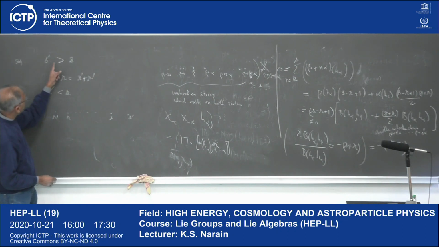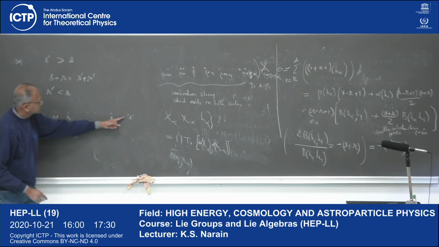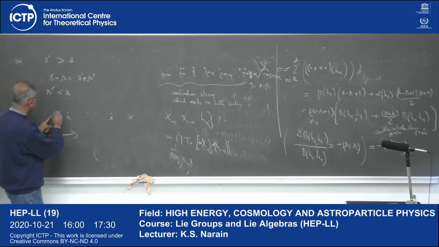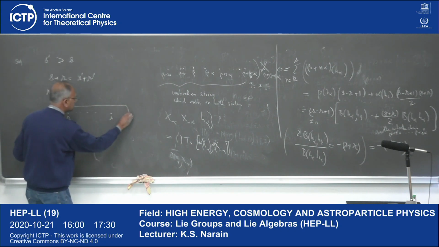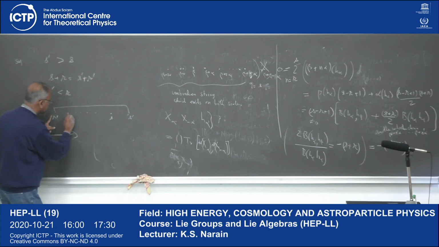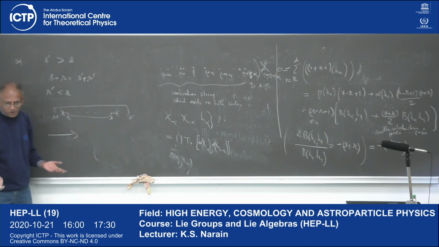Because S prime is greater than S, this is the positive direction, and R prime has to be less than R. So that means there is now an unbroken chain starting from here to there, right? But we also said that there is an unbroken chain from here to there, but the previous one was missing, and the next one was not there. That's not possible, right?